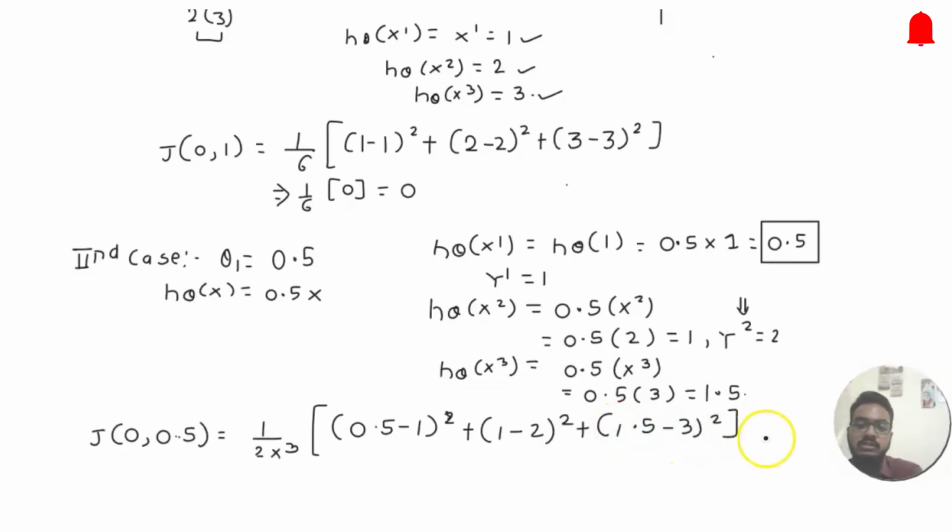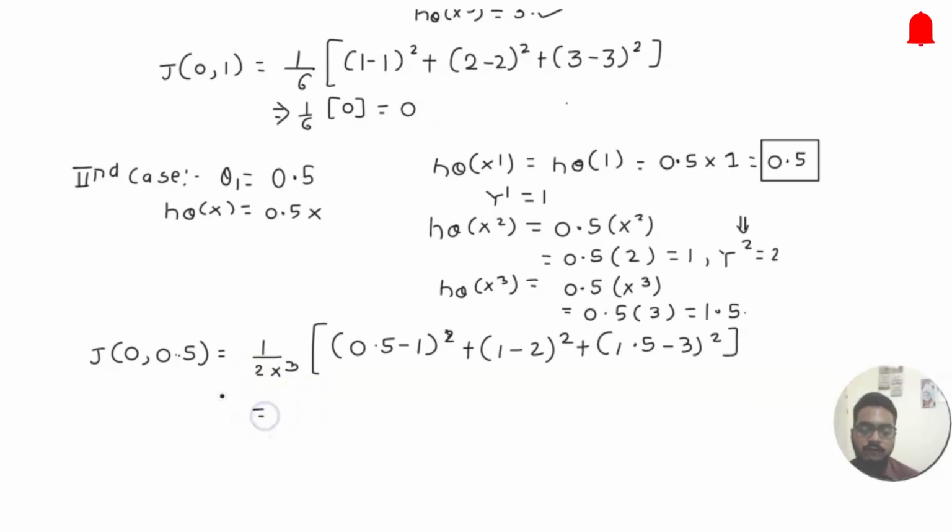If we try to solve this and get the value of J of 0, 0.5, we are going to get the approximate value as 0.58, correct?